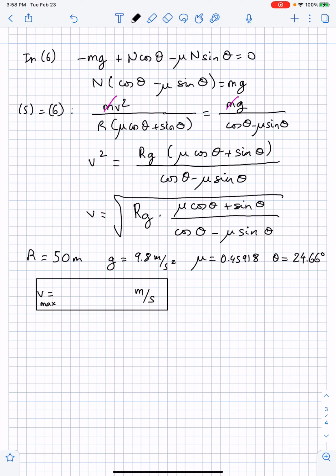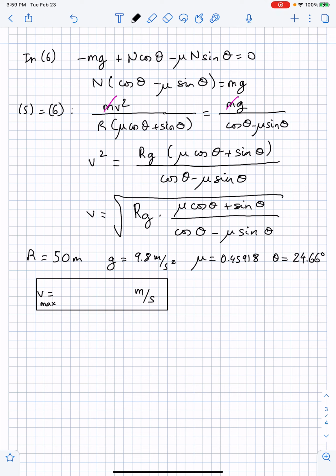So 0.45918 times cosine 24.66 plus sine of 24.66, here we go, divided by cosine 24.66 minus 0.45918 times sine of 24.66.